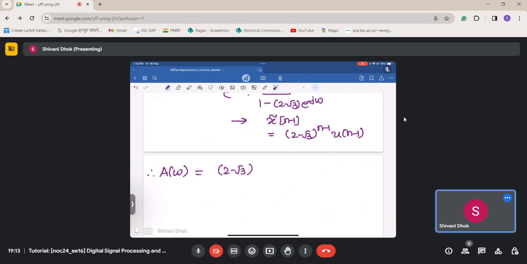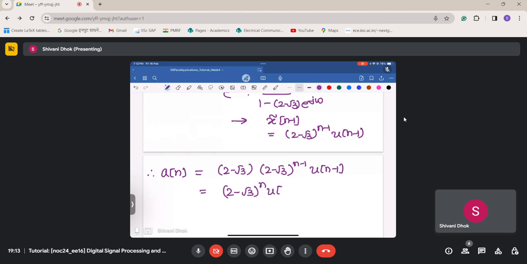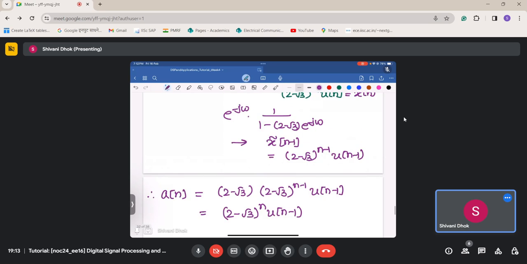So I can simplify this as 2 minus root 3, to the power n, into u of n minus 1. This is a of n.